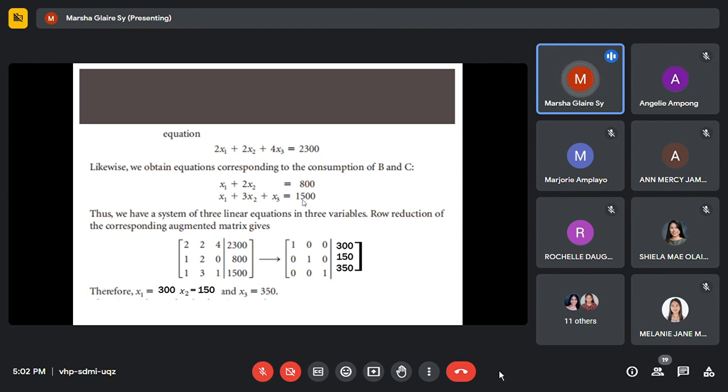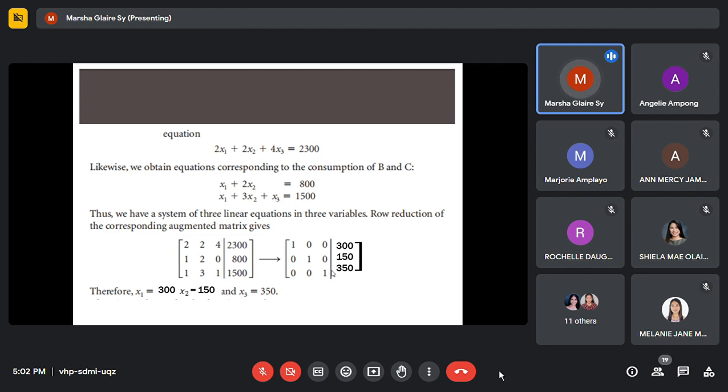Thus, we have a system of three linear equations in three variables. Row reduction of the corresponding augmented matrix gives: 2, 2, 4, 2,300; 1, 2, 0, 800; 1, 3, 1, 1,500.